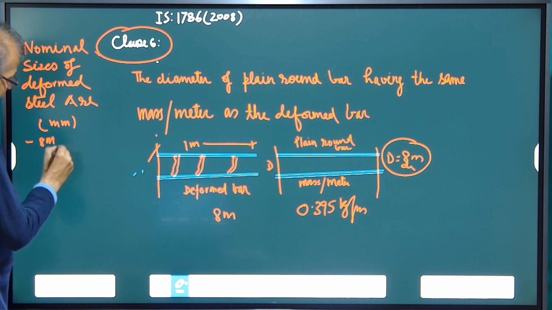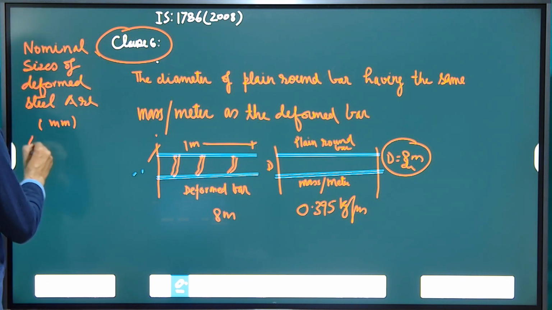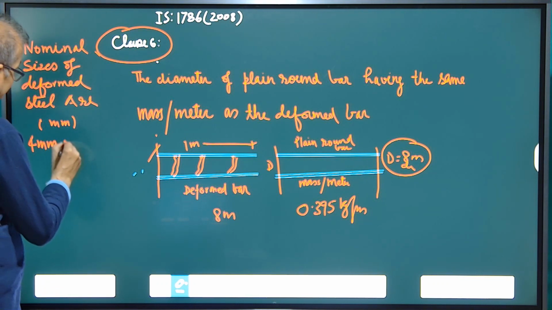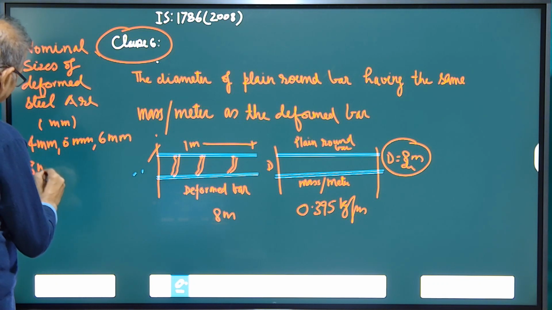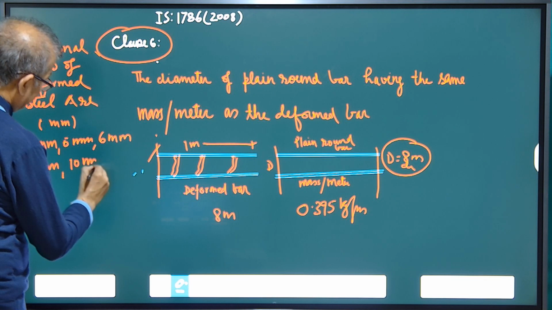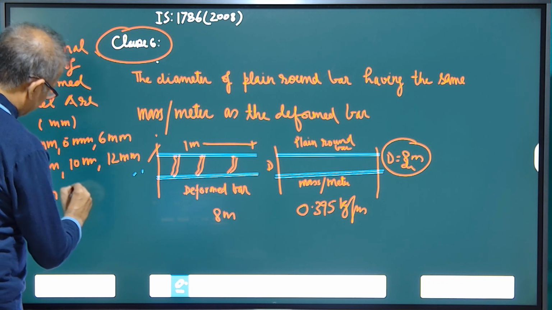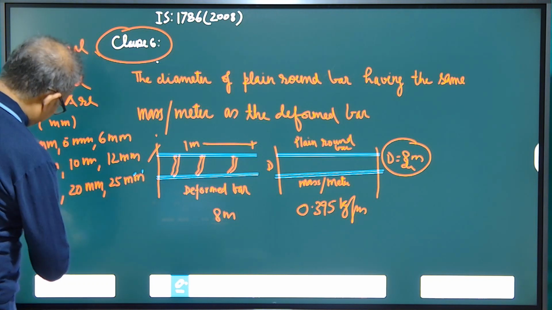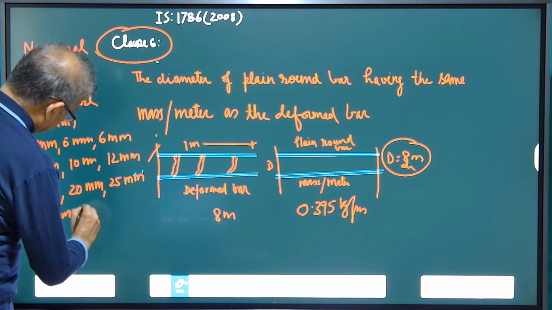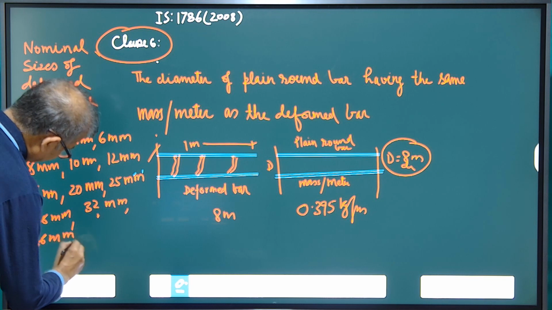In the IS code, it is given from the beginning: 4 mm, 5 mm, 6 mm, 8 mm, 10 mm, 12 mm, 16 mm, 20 mm, 25 mm, 28 mm, 32 mm, 36 mm, and 40 mm.